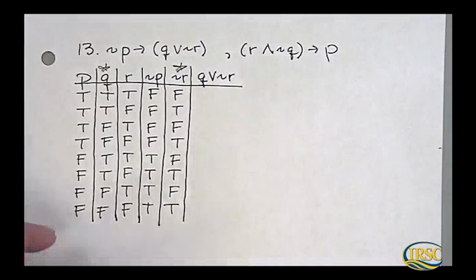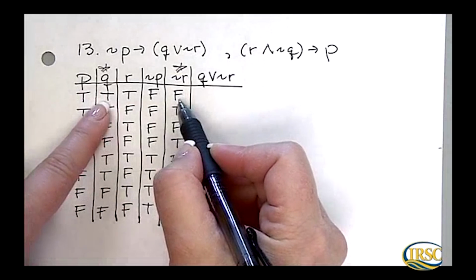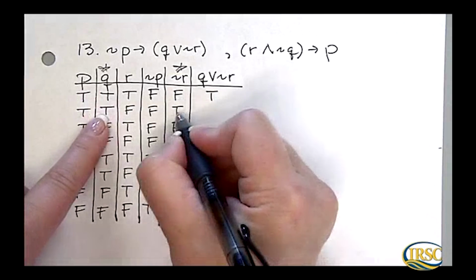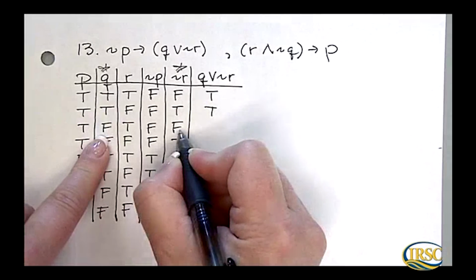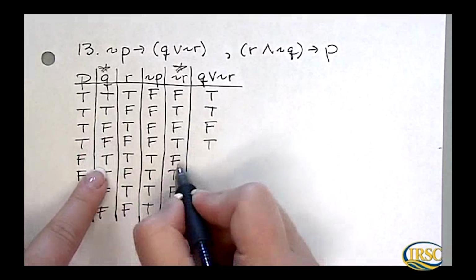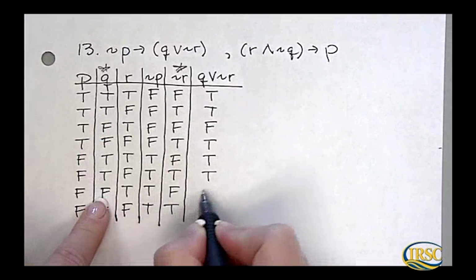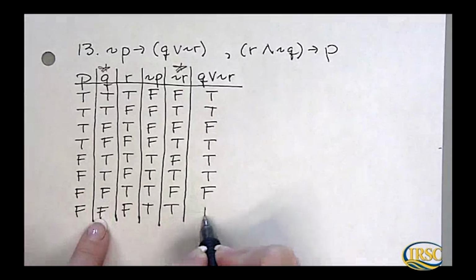Good. Okay, so I'm looking at these 2 columns. So this is true, true. Here they're both false, so that's false. True, true, true. Both false, so false, true.